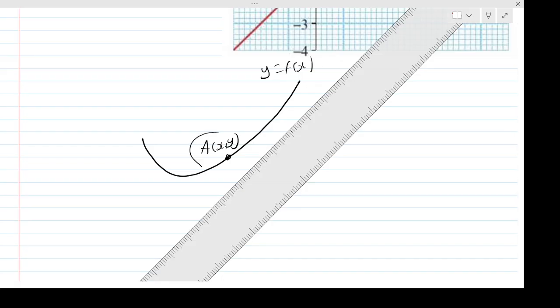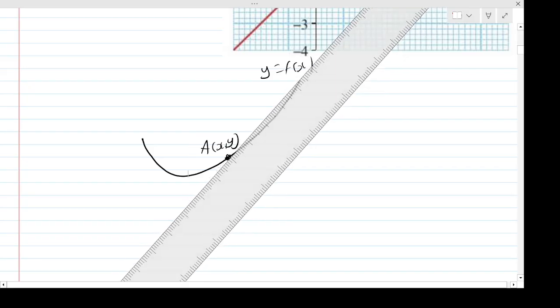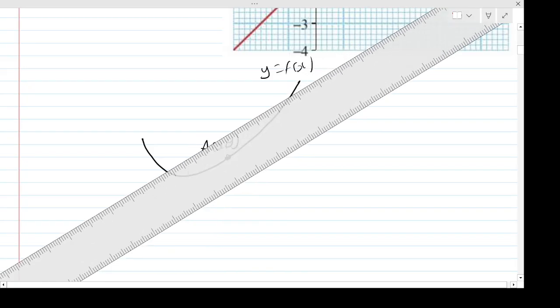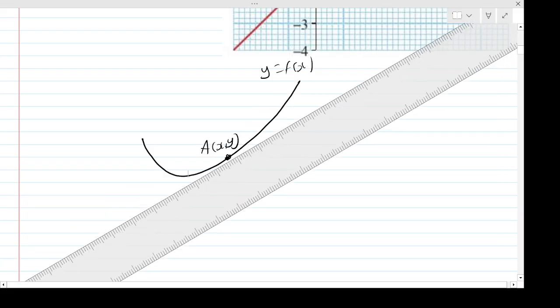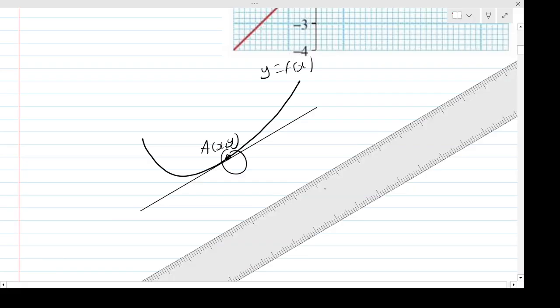Now, at this point A, we said that the gradient we're interested in is the gradient of the tangent at A. If I make it touch A, my tangent is going to look like this. And if I compute the gradient of the tangent, that would give me the gradient of the curve at that point. That's what I'm interested in.